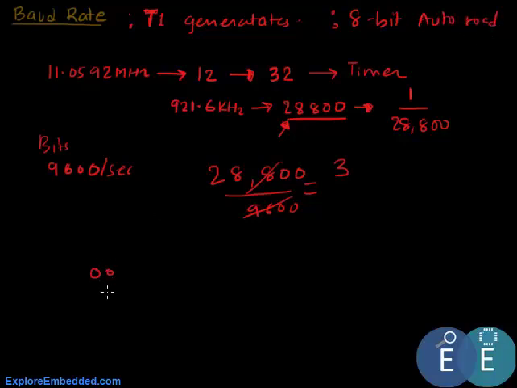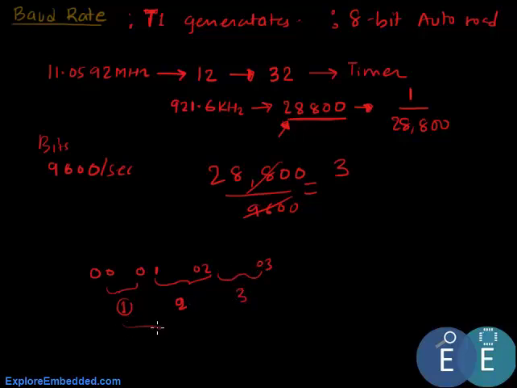So if it is 00 and it becomes 01, this is 1 tick. Now 01 to 02 would be another tick, so this is the second tick, and 02 to 03 would be another tick.